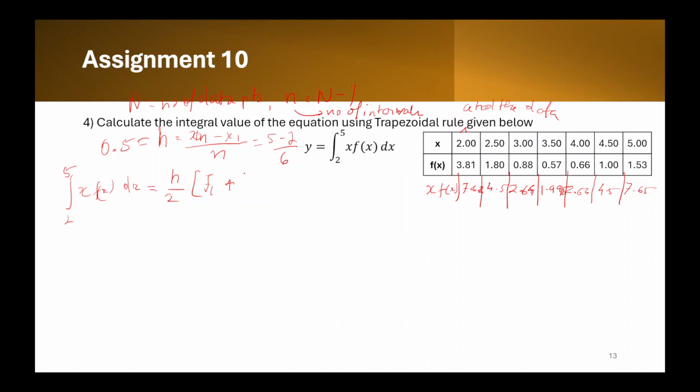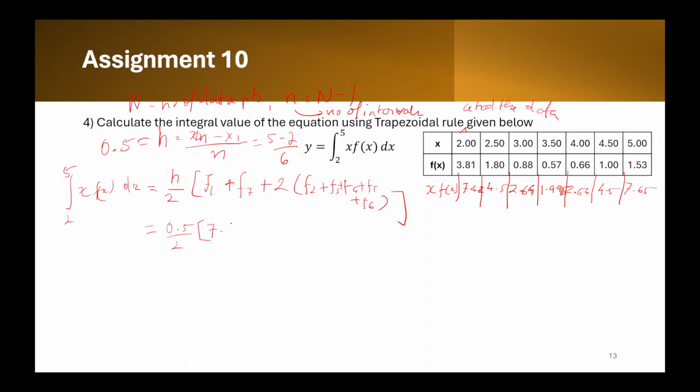So this will be F1 plus F7 plus twice of F2 plus F3 plus F4 plus F5 plus F6. So we need to compute that. So F1 will basically be 7.62. F7 will be 7.65. So h is given to us as 0.5 by 2.